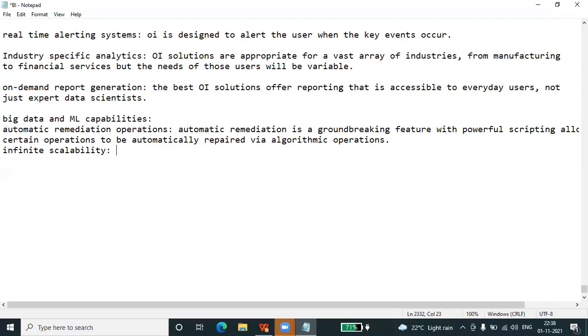Properly designed operational intelligence technology should be able to scale without limit by simply adding computing power on the fly via a cloud-based infrastructure.